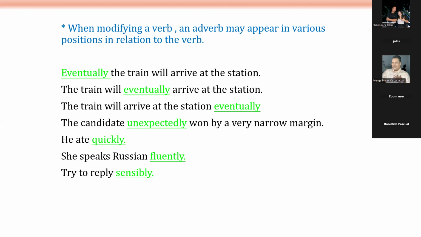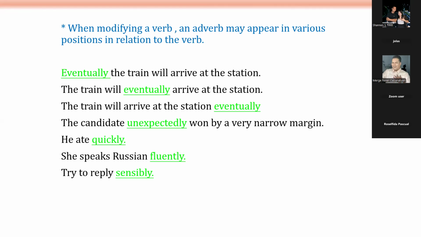Okay? The train will eventually arrive at the station. The train will arrive at the station eventually. So that's why sometimes you can also change the position of the word. Actually, literally.